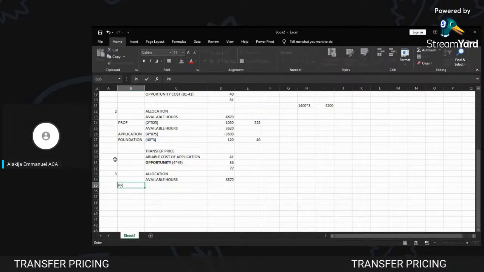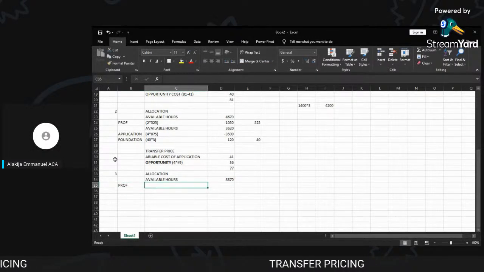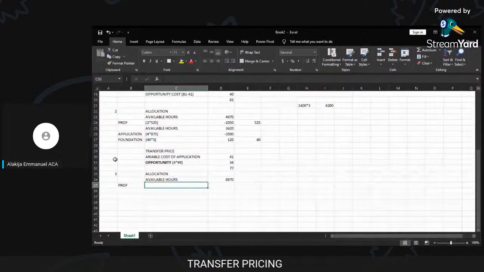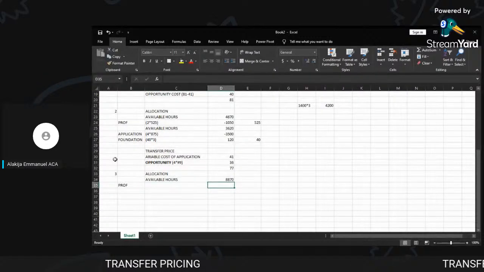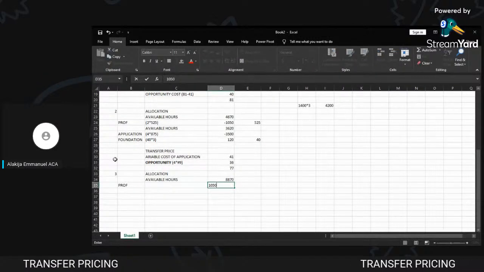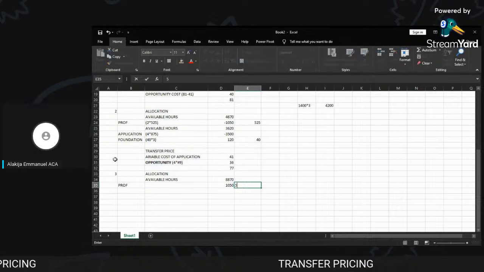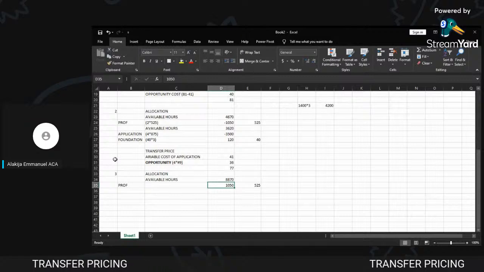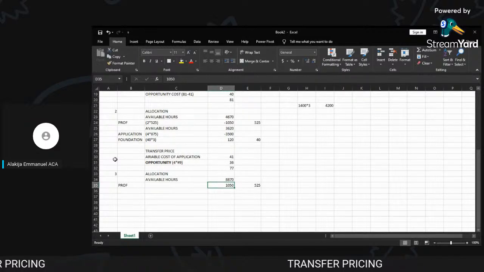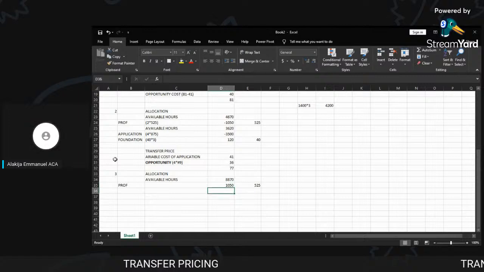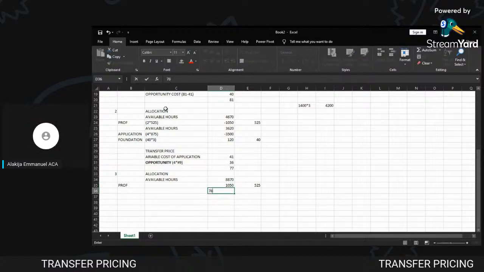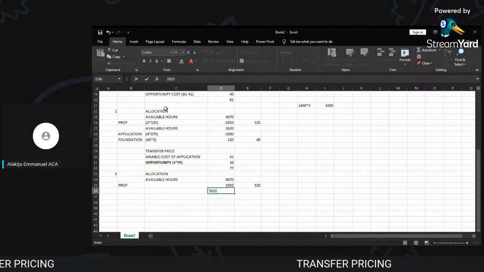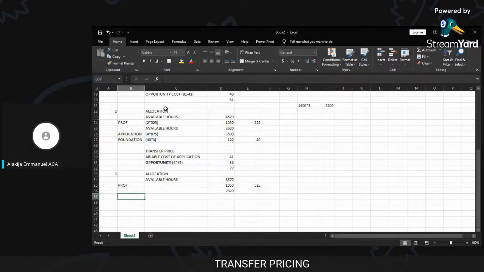So we'll still produce prof first. 1,015 naira. The unit produced is 525. When we deduct, the balance here is going to be 7,820.